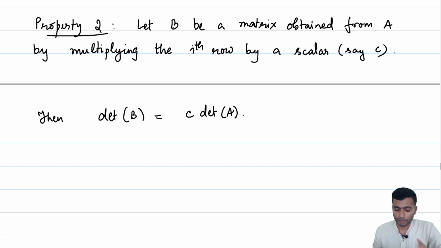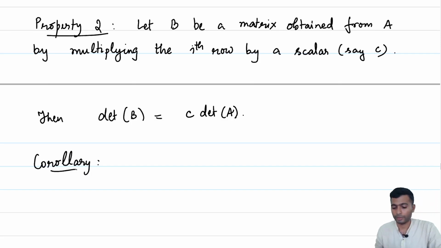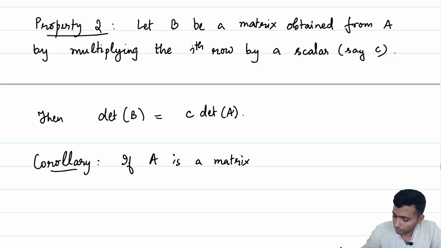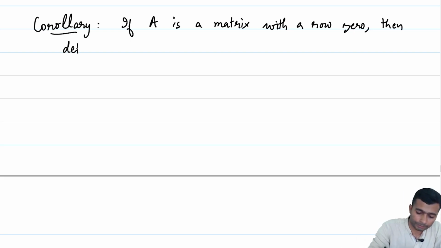As a corollary to this property, we do have that if A is a matrix with a row identically equal to 0, then the determinant of A is equal to 0.